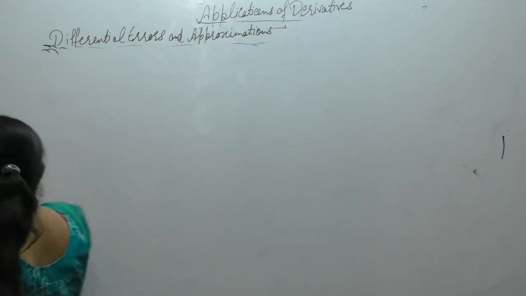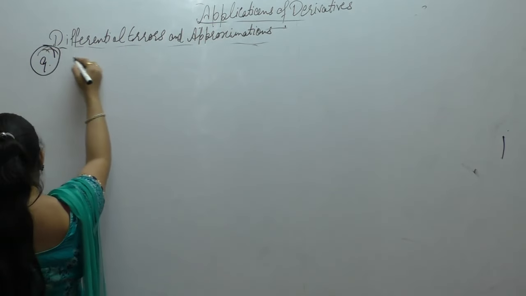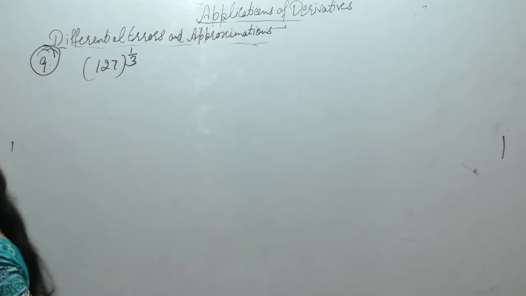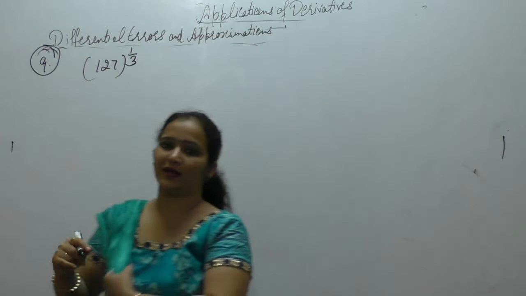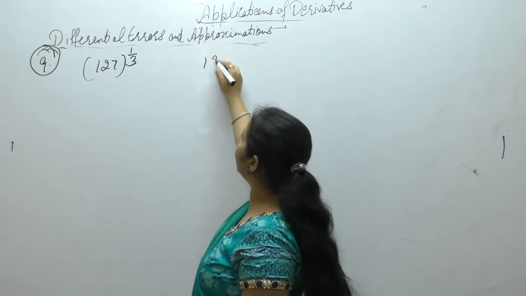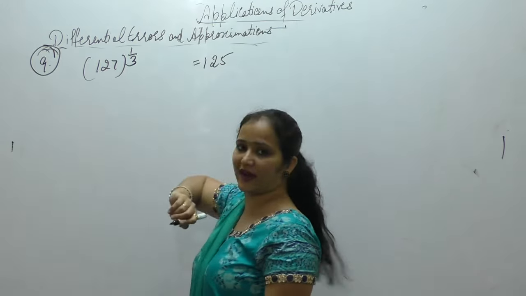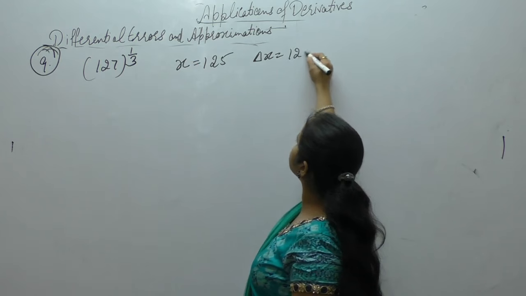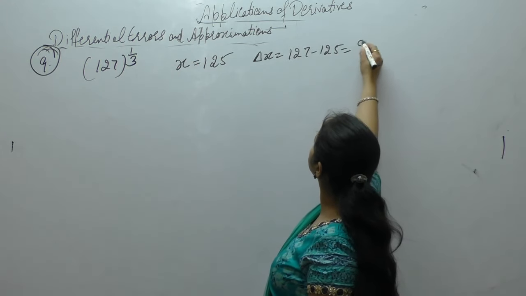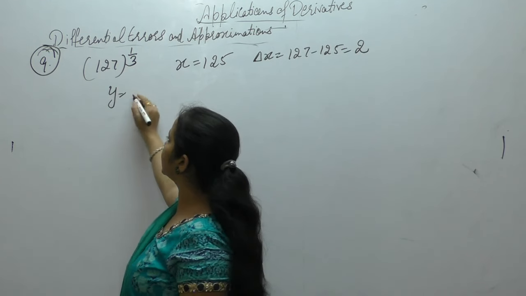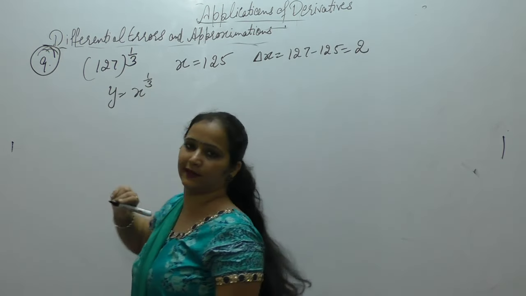Question number 9. Use differentials to approximate the cube root of 127. Now 127 is not a perfect cube, but 125 is the cube of 5. So we can write x as 125 and delta x is 127 minus 125, that is 2. Now let the function be x power 1 by 3.